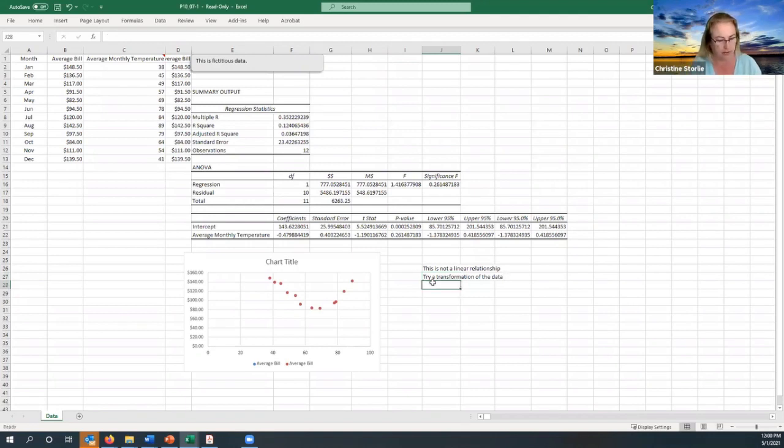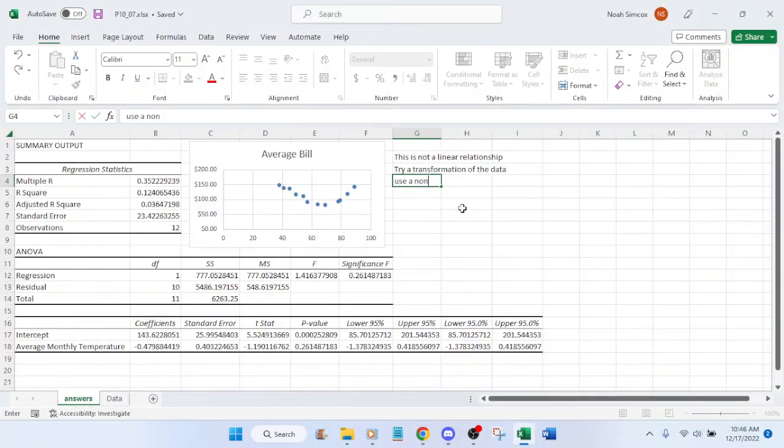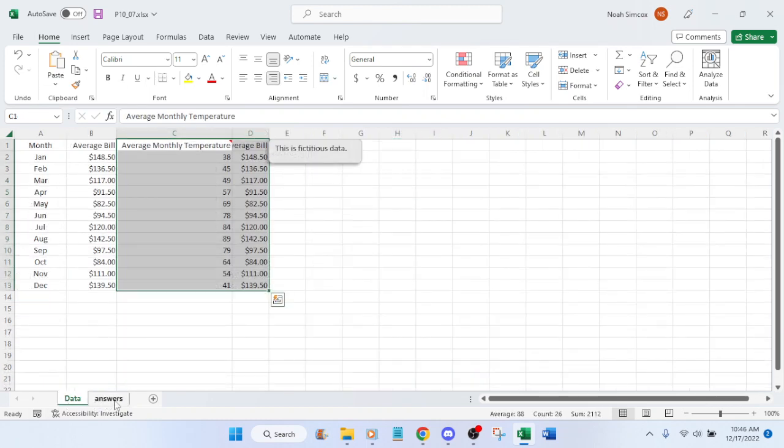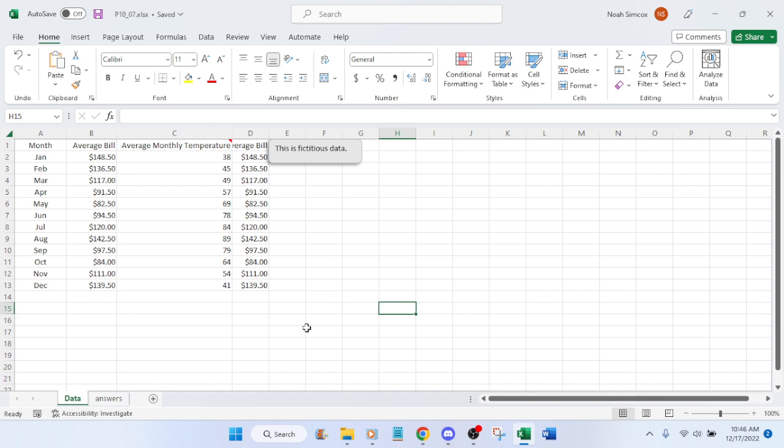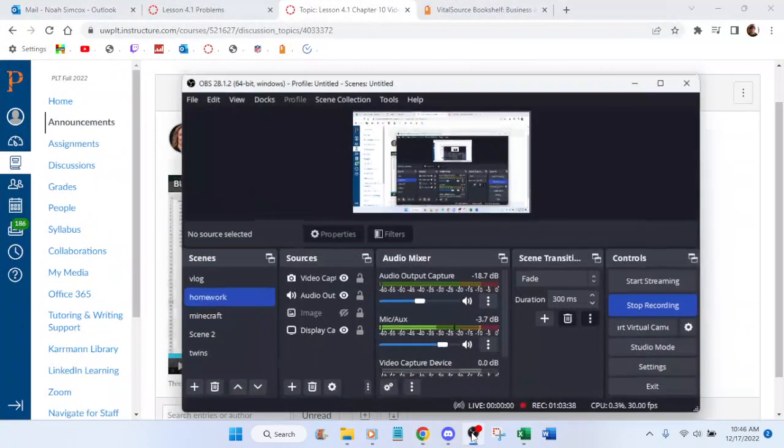A second option is to actually use a non-linear regression. And that was funny. Bye.